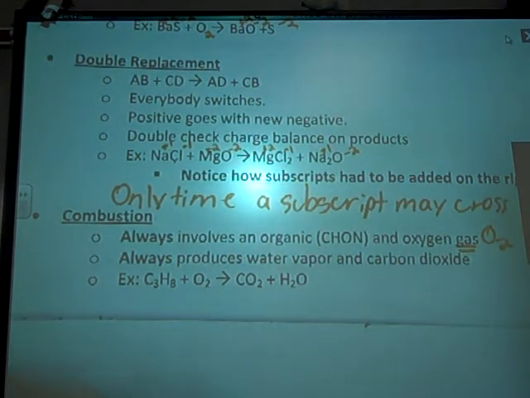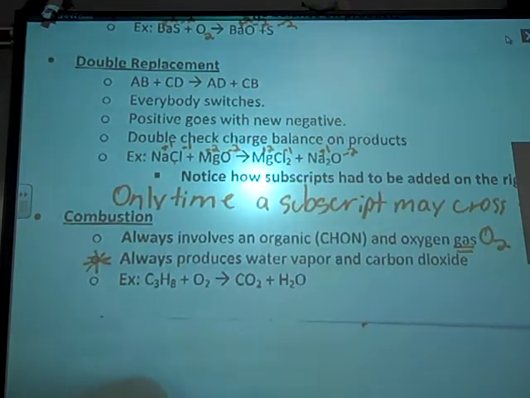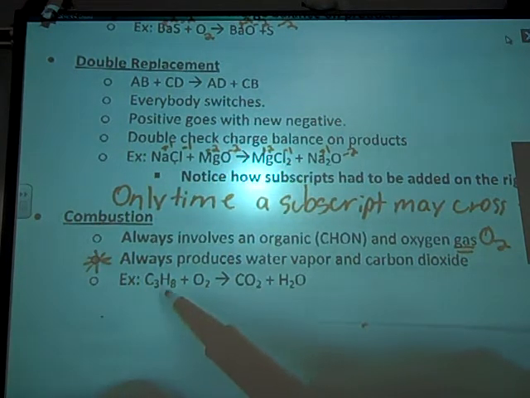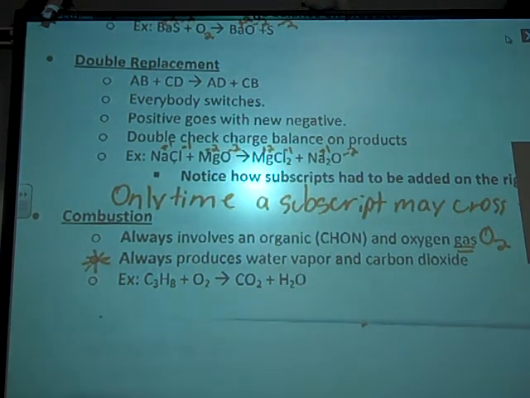Remember your Brinkelhoff. The products, put a big star by this one, are always water vapor, H2O, and carbon dioxide. Always, always, always. So anytime you have something involving C and H and oxygen gas, the products will always be carbon dioxide and water. No charges, no muss, no fuss. That's it.